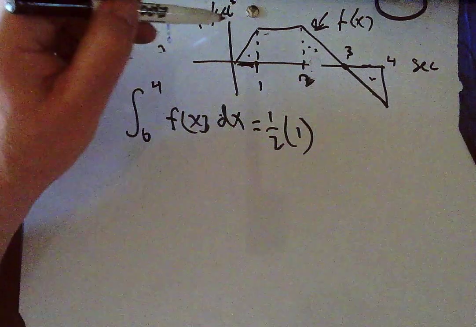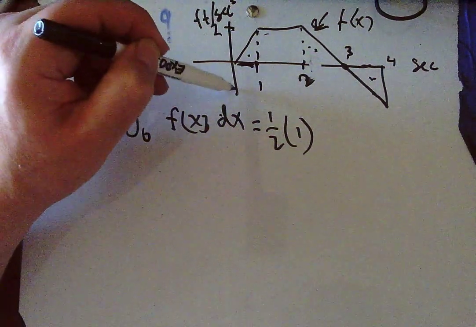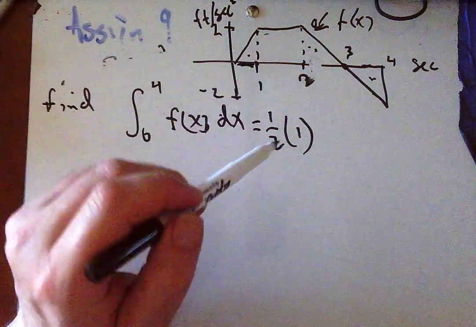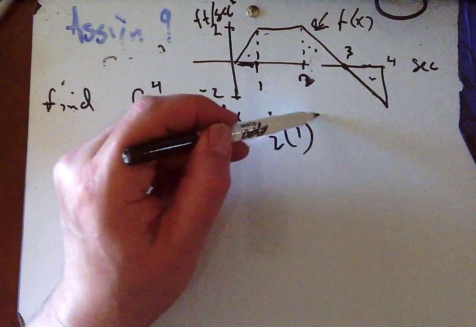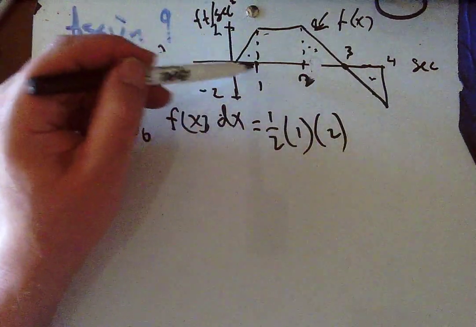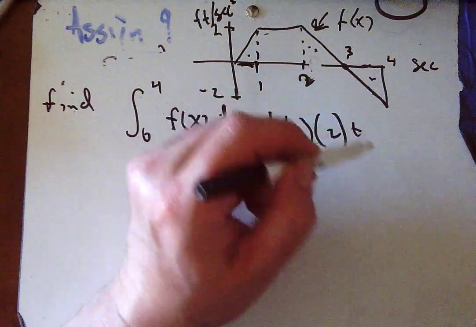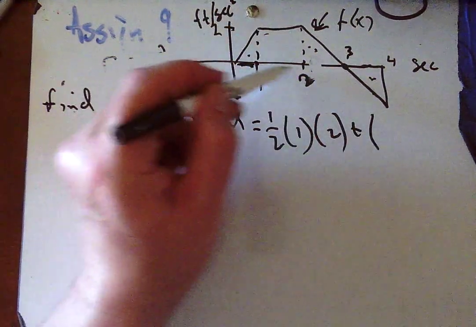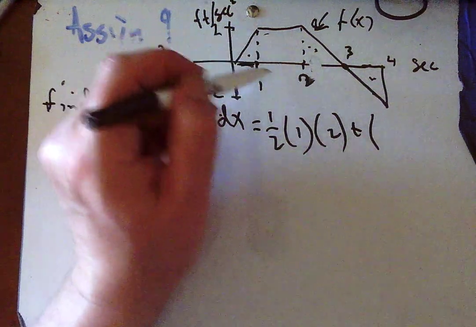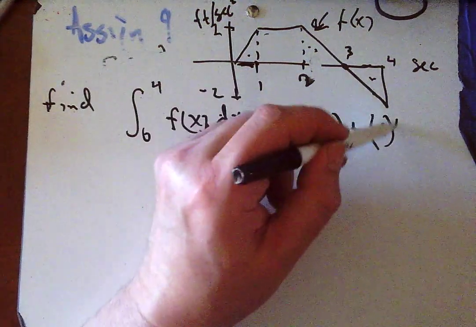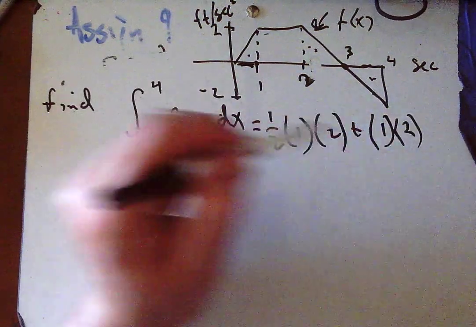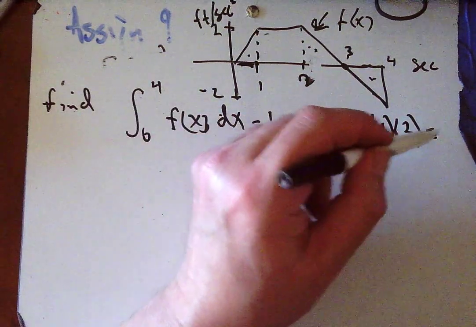The height is 2. And here we'll have -2. So we've got 1/2, 1 times 2. That's the triangle. Plus this rectangle. Area of the rectangle is length, or base, times height. 2 minus 1 is 1, times the height of 2. And so I end up with 3.